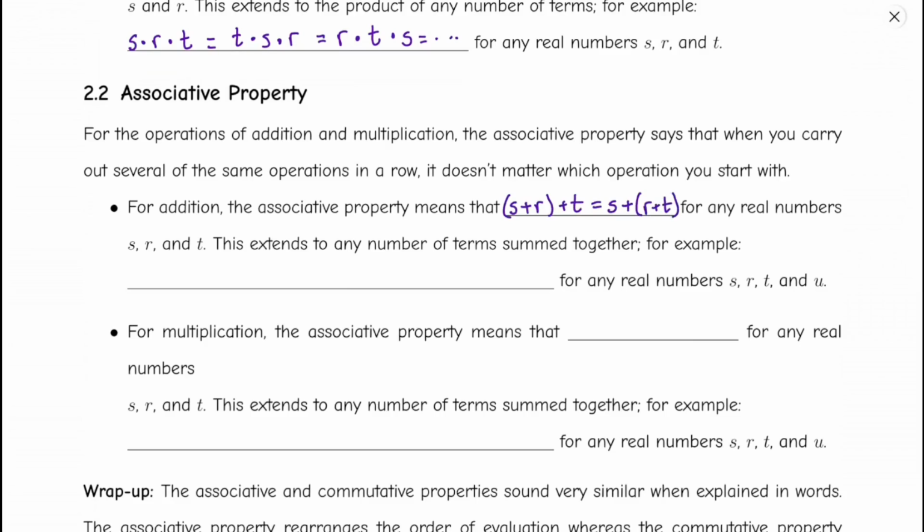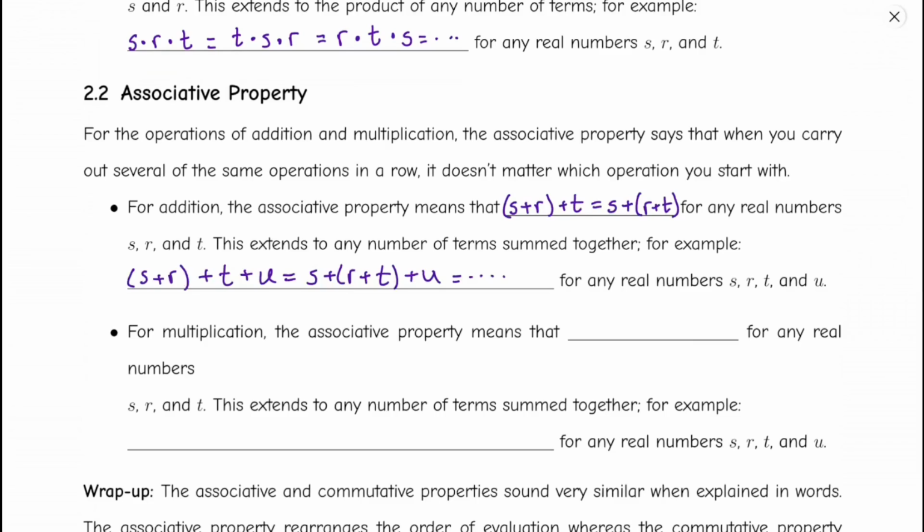And this extends to any number of terms summed together. For example, (S plus R) plus T plus U is the same thing as S plus (R plus T) plus U, where the parentheses are around the R plus T now. And again, that will be the same anywhere you put the parentheses.